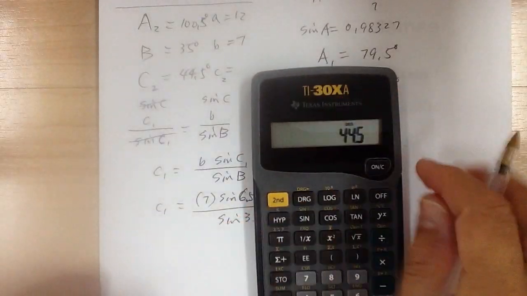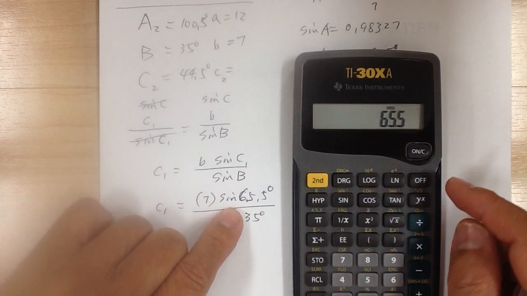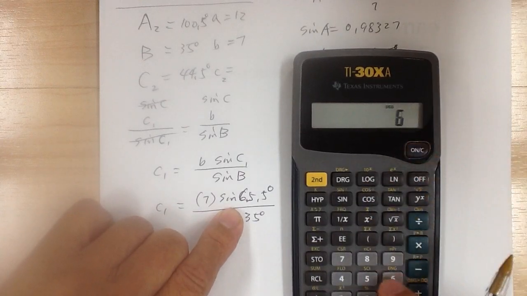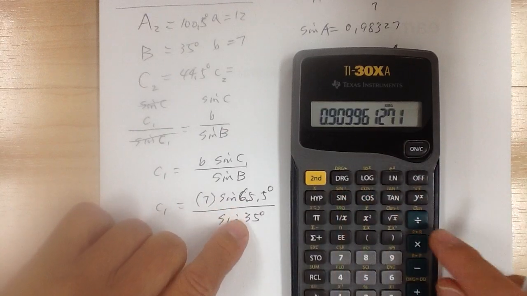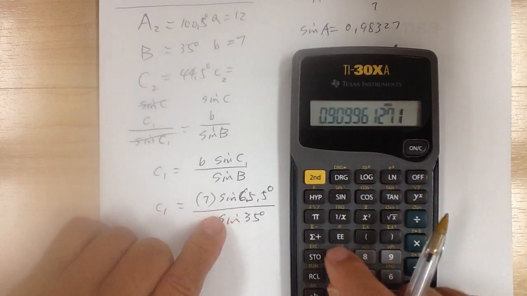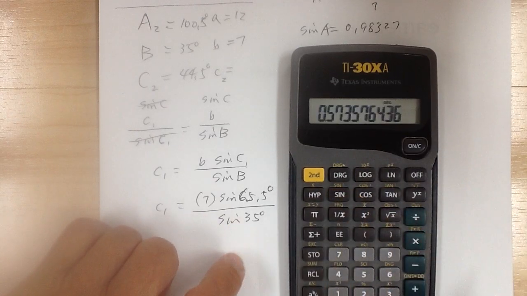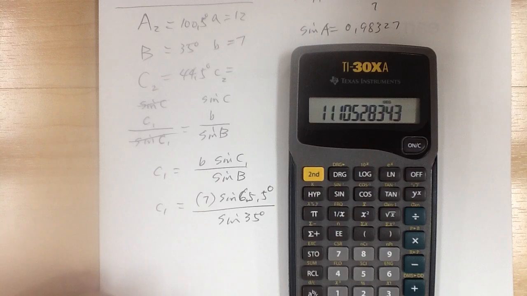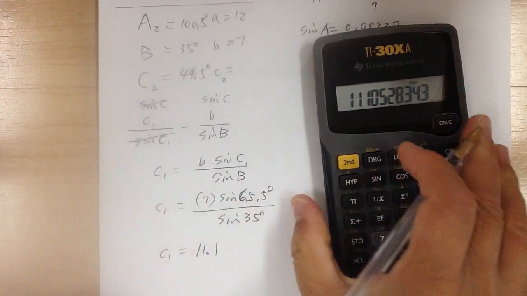Get a calculator and enter all the information: sine 65.5 times 7 divided by sine 35 equals 11.1. So c1 equals 11.1.